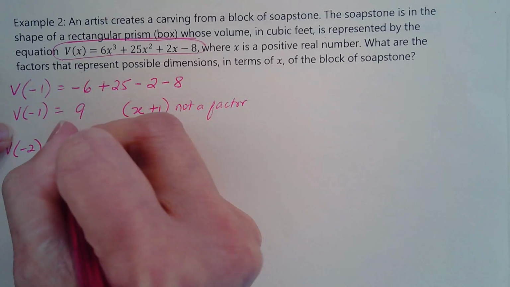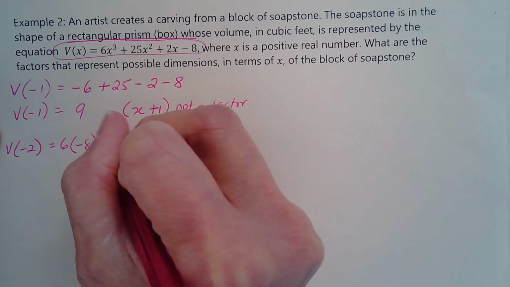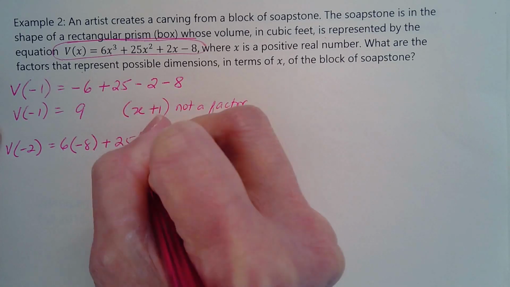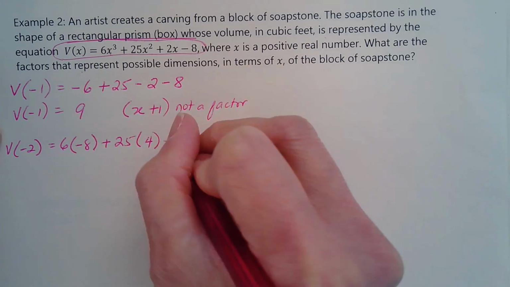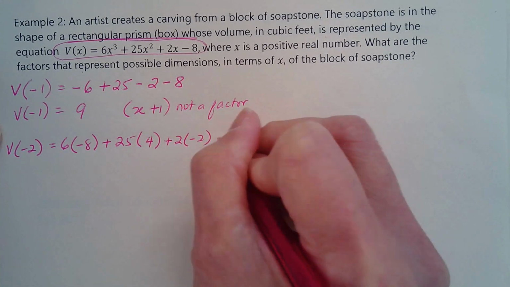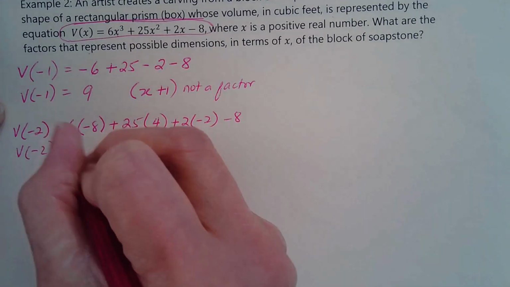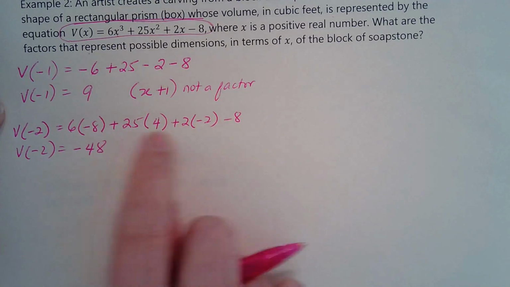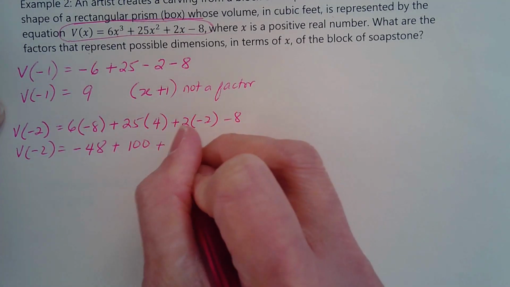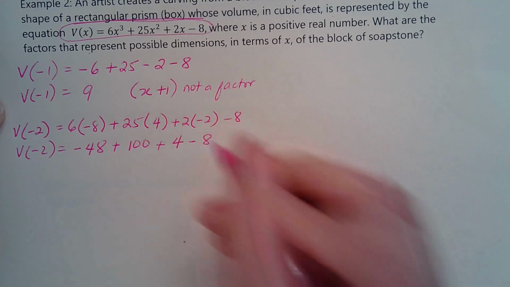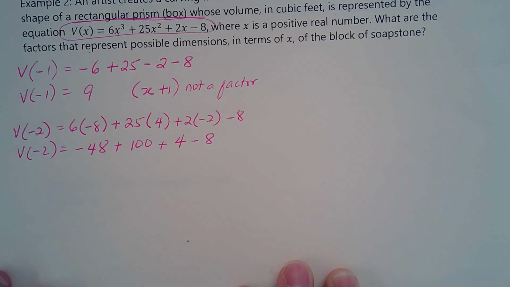So that's going to give us 6 times -8 plus 25 times -2 squared, so that's 4, plus 2 times -2 minus 8. So v of -2 is going to give us -48 plus 100 plus 4. I can see it's not going to work, right? Too much positive in here. So that's not a factor.